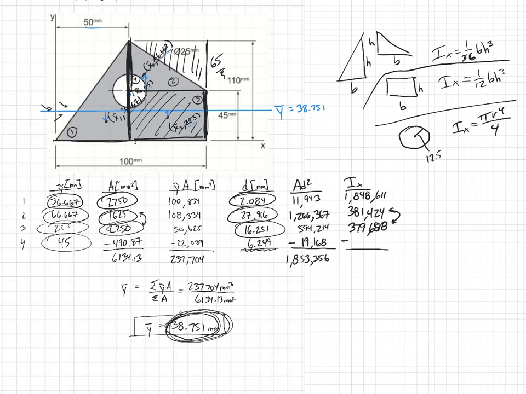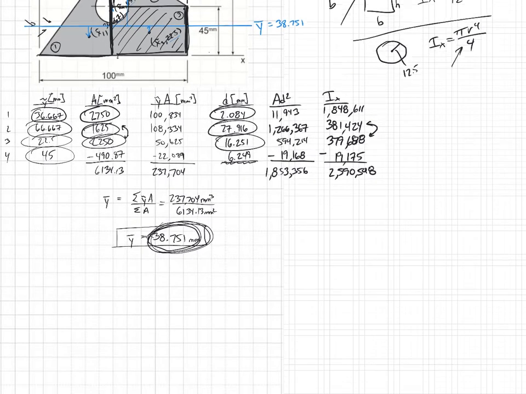And then for the circle, we're going to plug 12.5 in there, and we're going to get 19,175. Okay, and so if we add all those up, we're going to get 2,590,548.